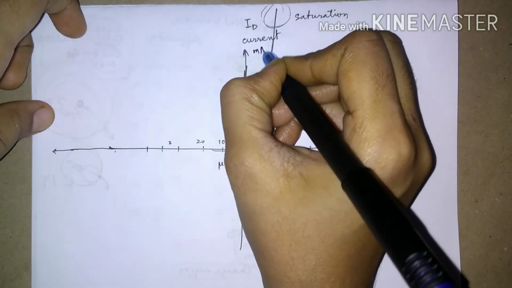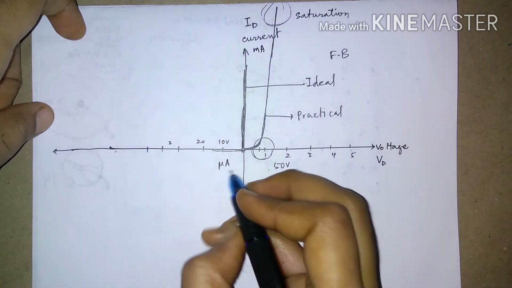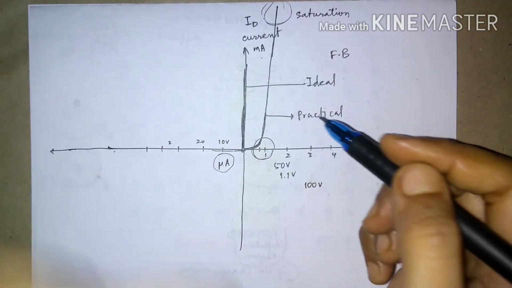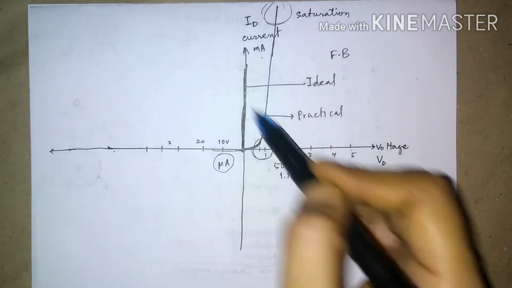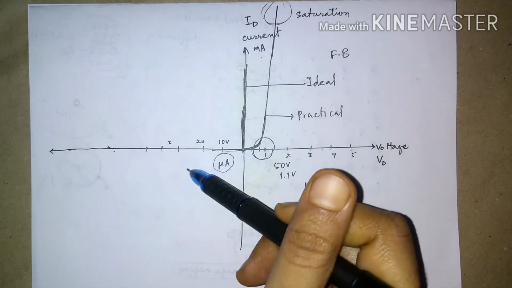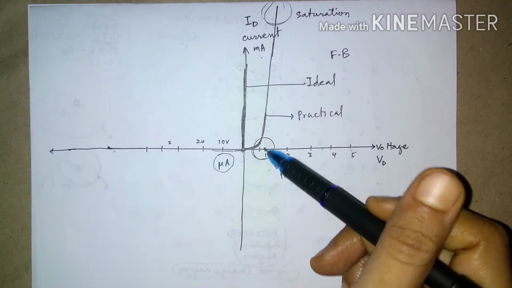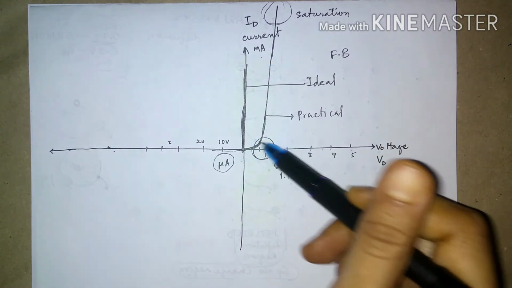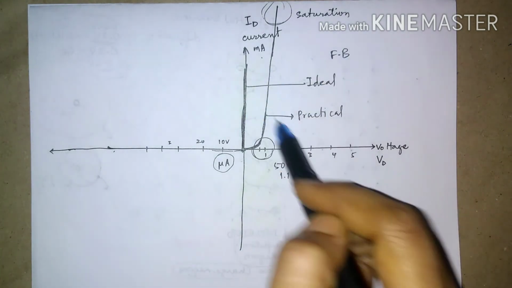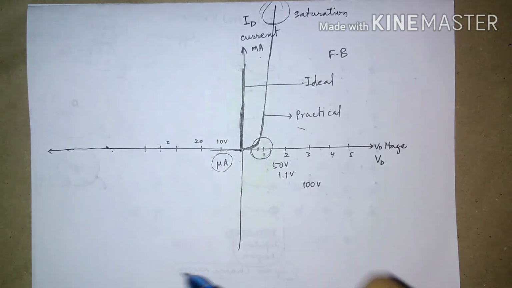Here this current is in the order of milliamperes. So this current is 1000 times less than the current which flows in forward. That means if one electron is flowing in minority in reverse bias, 1000 electrons will flow in forward bias. So that is why it is considered as switch on, that is why it is considered as switch off.